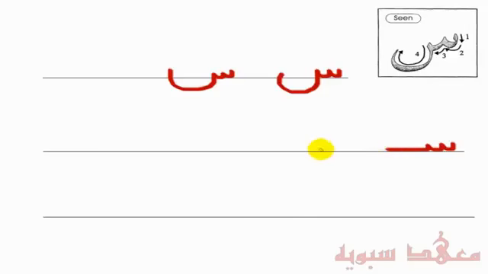In the middle, so there's a letter before it, and then, and at the end of a word, it's as follows. So there's a letter before it, and then it's like this. So similar to the isolated forms.